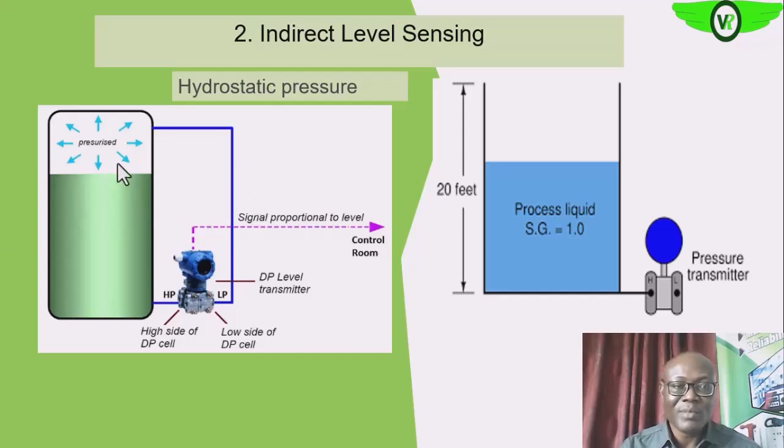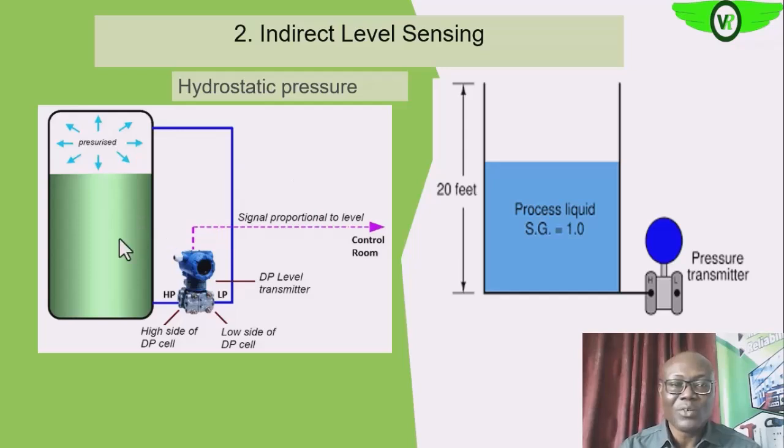Remember, in a vessel, the pressure that the fluid exerts at the base of the vessel is dependent on the height of that fluid in the vessel. That is, pressure is equal to rho g h.